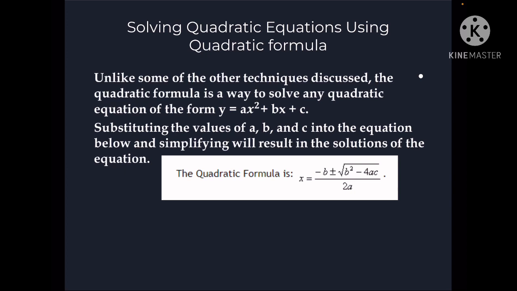Unlike some of the other techniques that we have discussed earlier, which are solving by factoring and solving by completing the perfect square trinomial, there is a way to solve any quadratic equation that you may think of, in the standard form, which is ax power 2 plus bx plus c, which is substituting the values of a, b, and c into the quadratic formula. x equals negative b positive or negative root b squared minus 4ac over 2a.